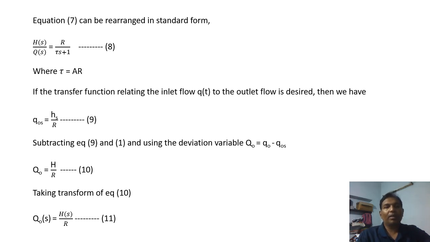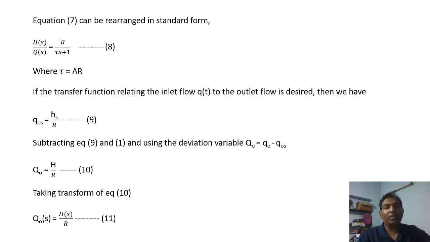In equation number 8, you can see that there is an intermediate term present in the transfer function, which is nothing but R. This means that the equation relates the input to an intermediate variable, H of s by Q of s, where H of s is nothing but your height of the liquid level.